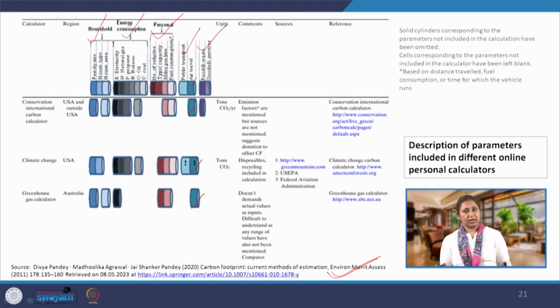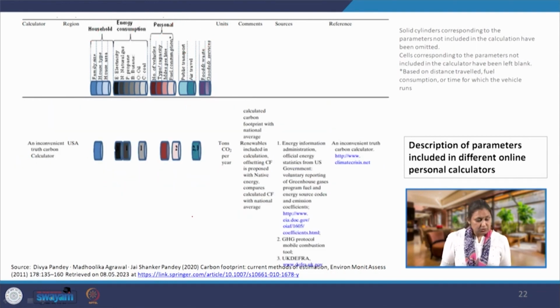So, some of the calculators do not take into account food, but some of them do. For example, here you can see that this particular calculator, which is Climate Change from USA, does not take into account the food. This one from Australia, Greenhouse Gas Calculator, also does not take into account the emissions due to food and waste.